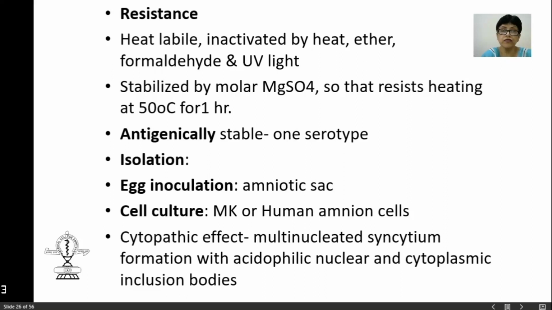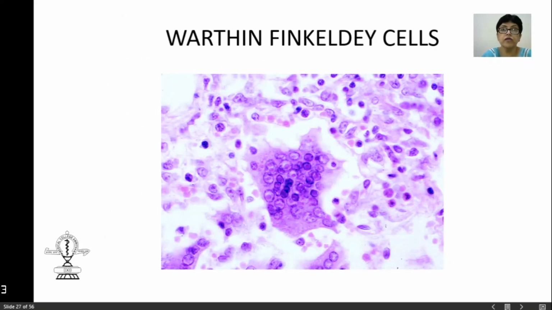Egg inoculation for primary isolation, again in the amniotic sac, and for cell culture we have monkey kidney or human amnion cells. Cytopathic effects will show multinucleated syncytium formation with acidophilic nuclear and cytoplasmic inclusion bodies. Now this is very important. You need to remember this because it has a typical appearance and a typical name, Warthin-Finkeldey cells.